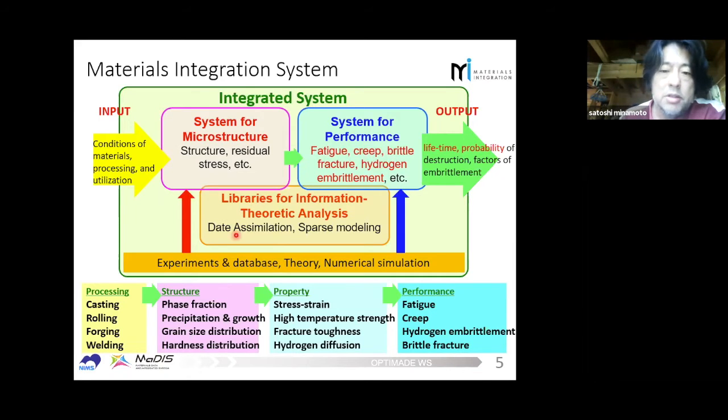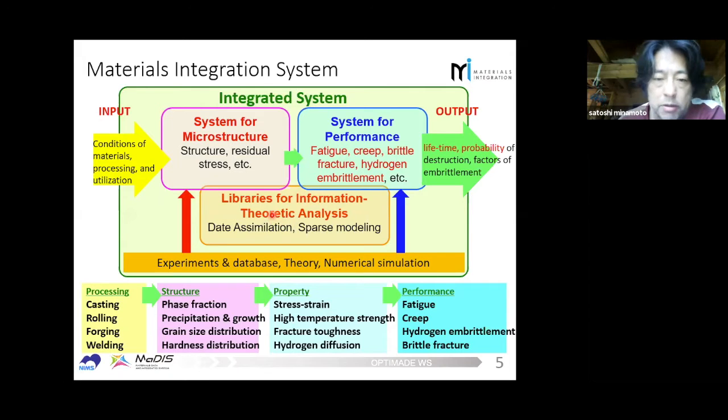And the third team is the very supportive team, because the data for structural materials is very sparse. In order to apply, for example, machine learning techniques, sometimes the number of data is very few. So in that case, we have to use other techniques, for example, data assimilation or sparse modeling, something like that.